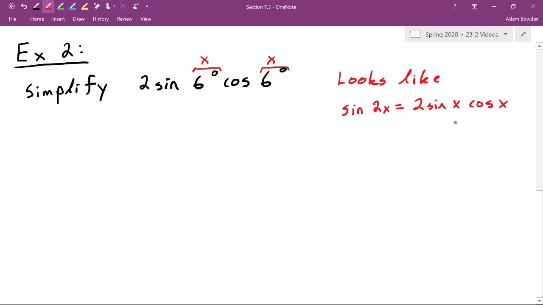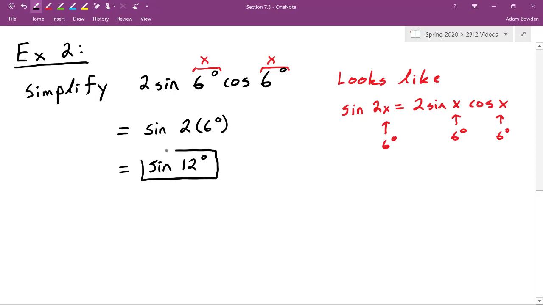So if we put 6 degrees for the x, this would be equal to sine of 2 times 6 degrees, or simply sine of 12 degrees. I'm not going to calculate sine of 12, but just to show you how we could take the longer expression and bring it down into something more simplified.